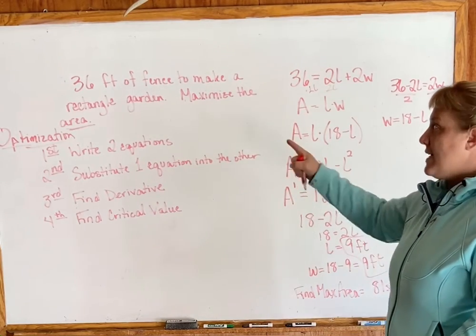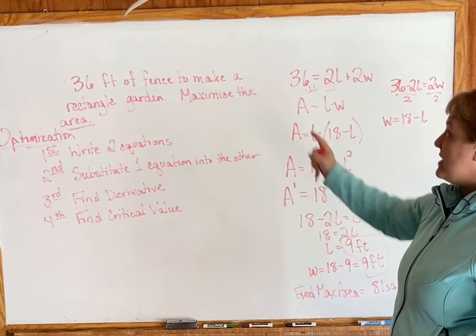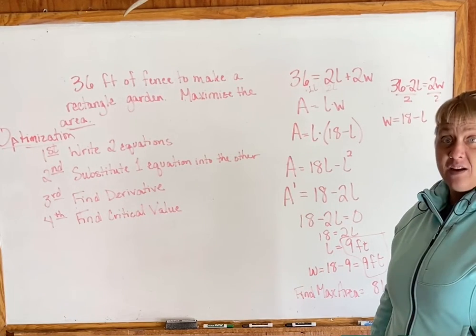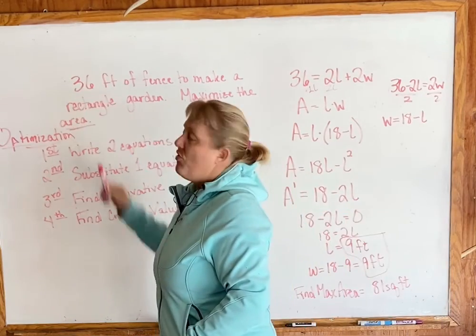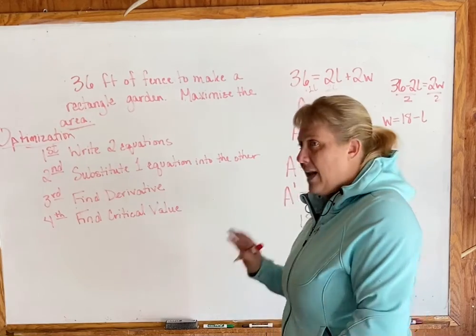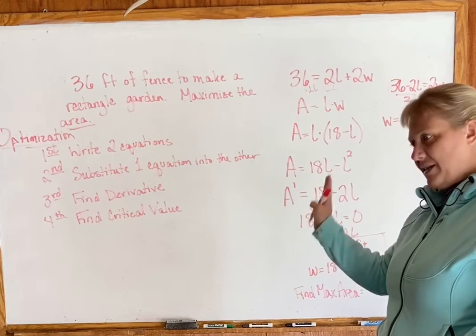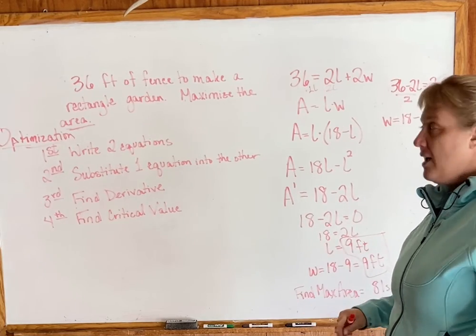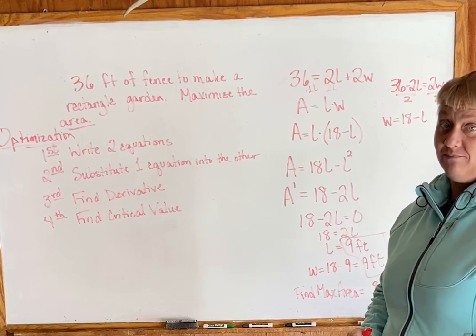So when I saw this problem, I didn't have to do any of this work because I know when it says maximize the area of a rectangle, I want to turn that rectangle into a square. So I just did 36 divided by 4, so each side was going to be 9. Now, that only works when you're doing a rectangle. If they give you some other shape, a 3-sided shape or something like that, it doesn't work. But if you ever need to maximize a rectangle, it's always a square.